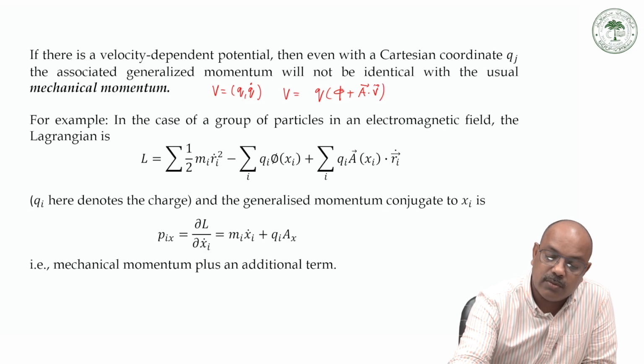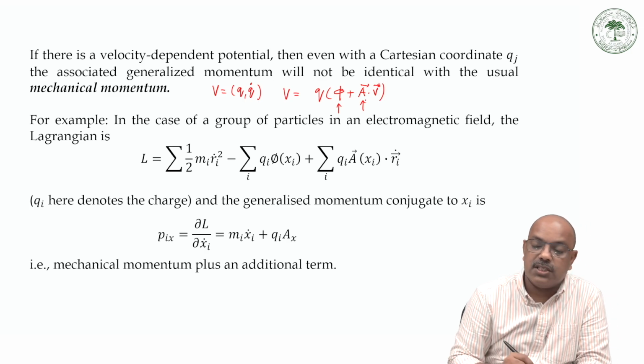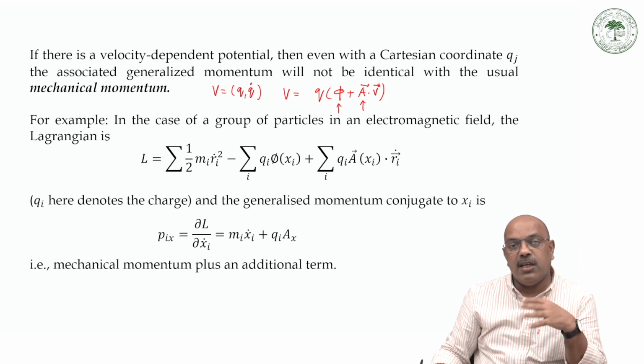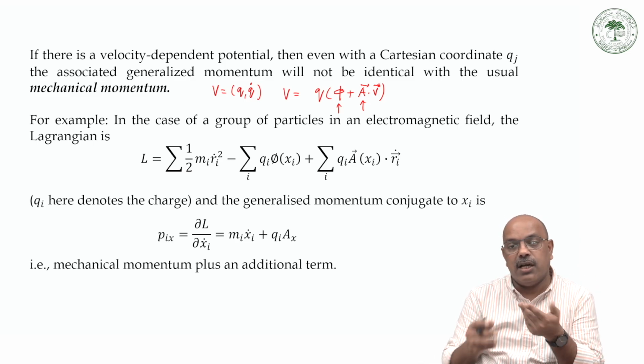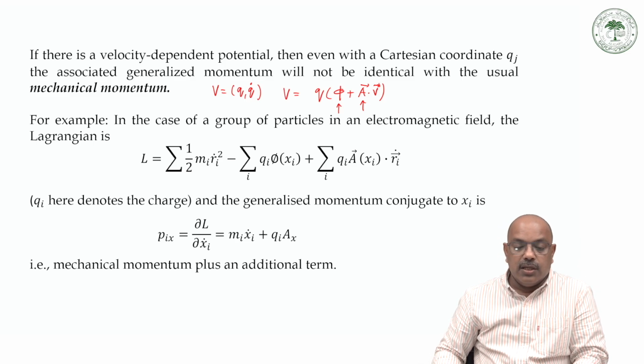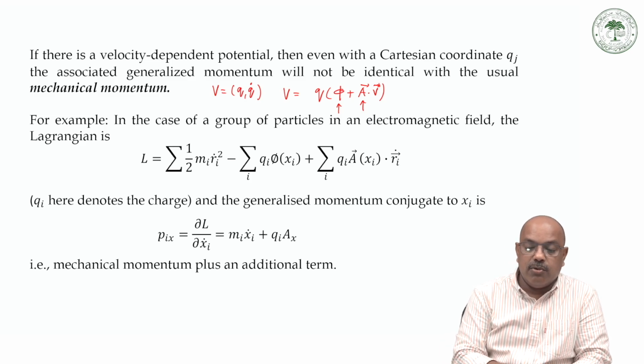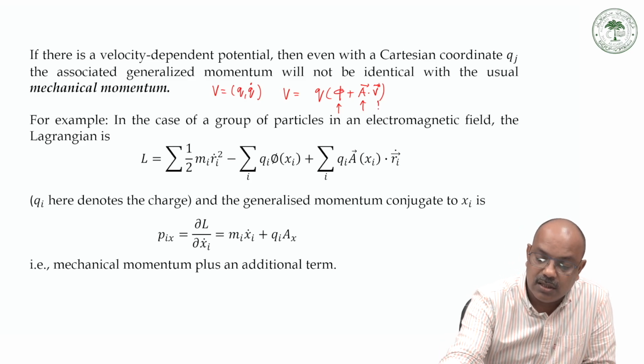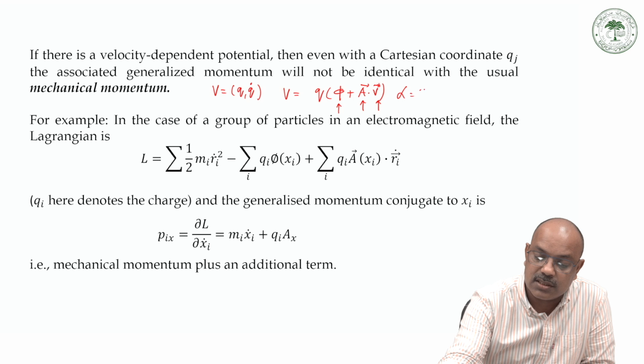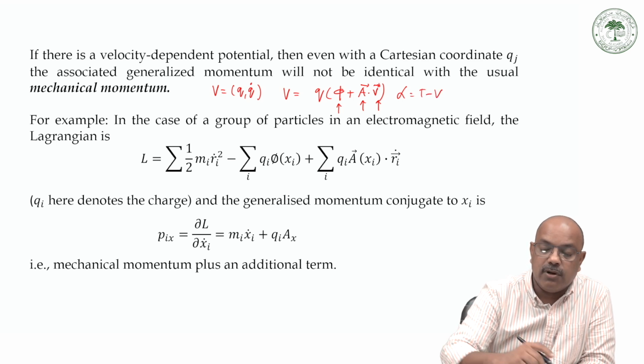That was my electromagnetic potential with a scalar and vector potential when the charged particle is moving in a field where electric and magnetic fields are present. So my Lagrangian depends upon the velocity r dot here, because the Lagrangian T minus V contains the velocity.